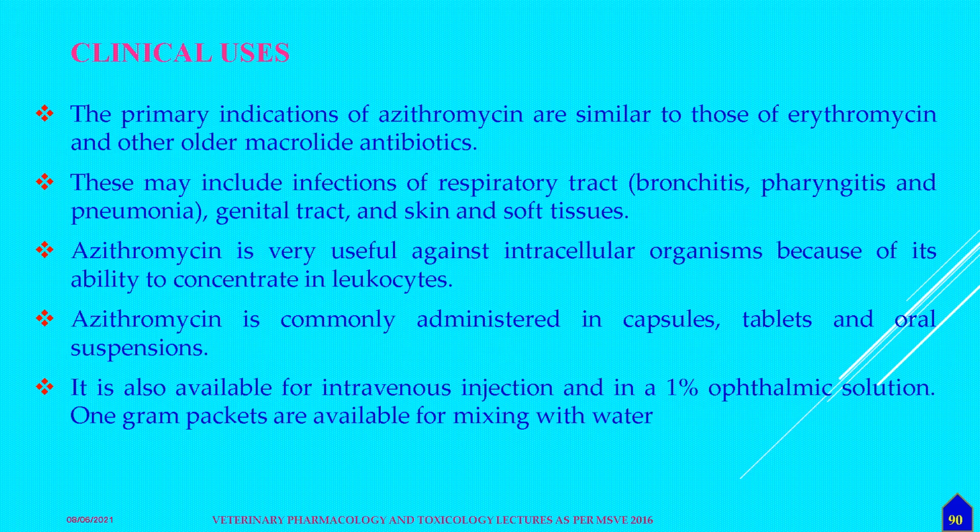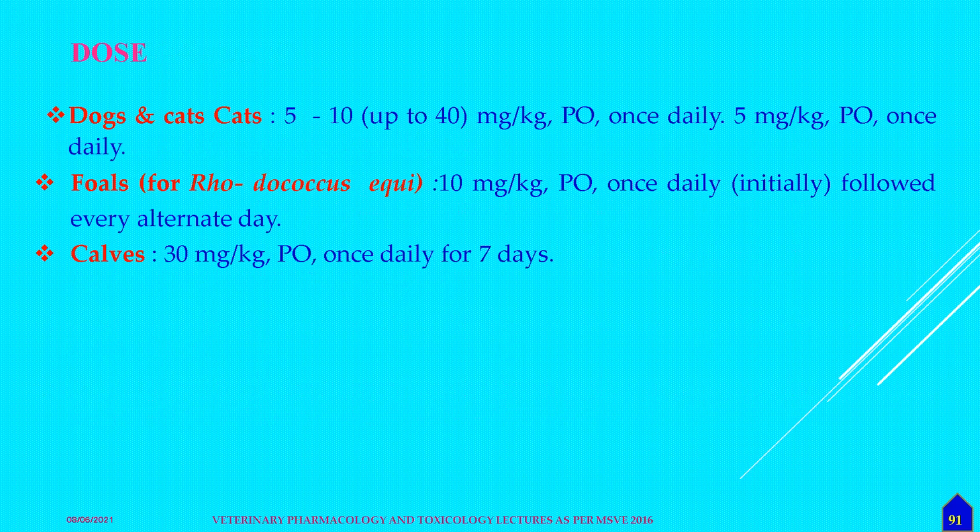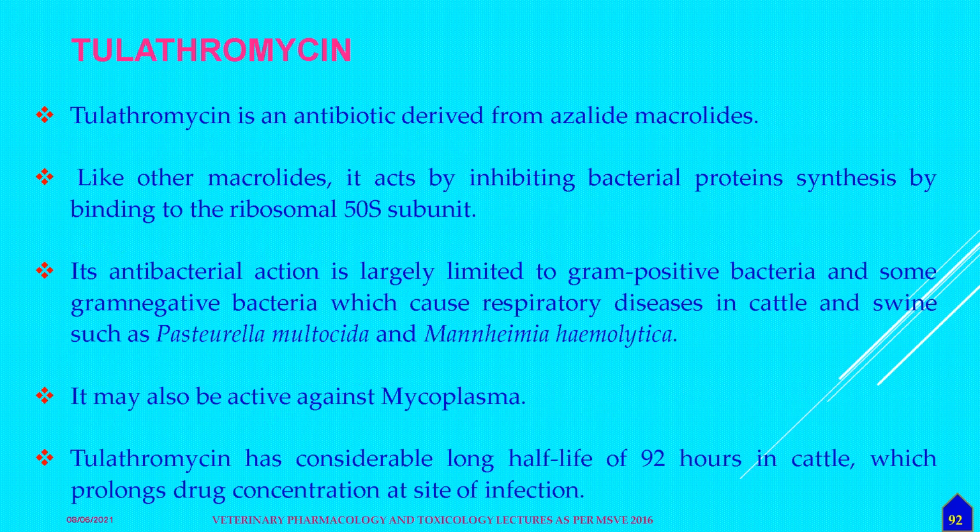Azithromycin is commonly administered as capsules, tablets, and oral preparations. Injection is available for intravenous use only, and a 1% ophthalmic solution is also available. One-gram packets are also available for mixing in water, especially for poultry. The dose for dogs and cats is 5 to 10 milligrams, foals 10 milligrams, and cows 30 milligrams per kg once a day for 7 days.